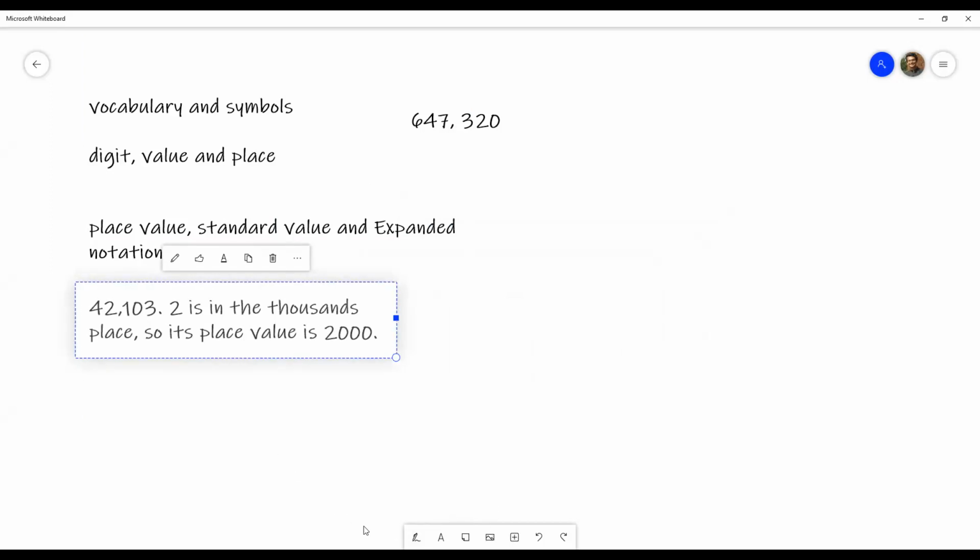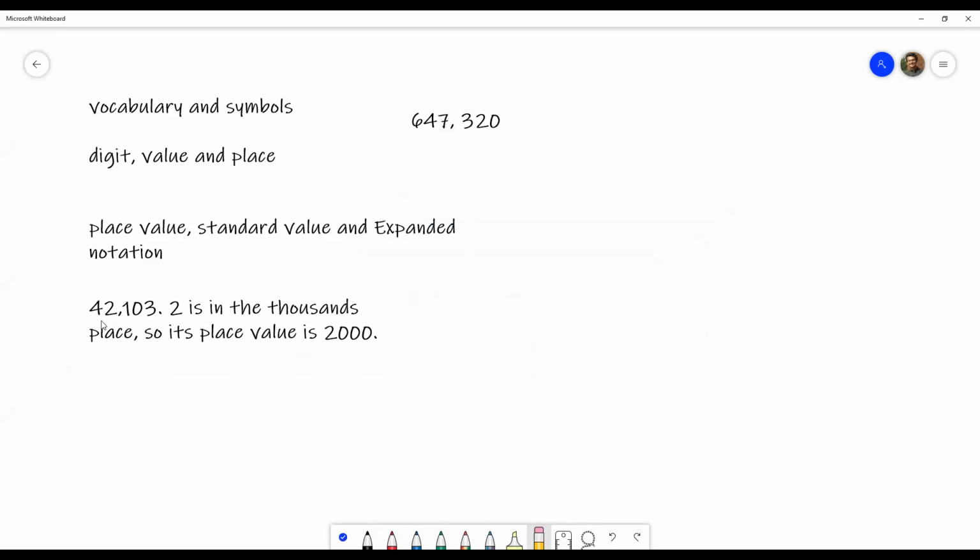Anyone would like to say what type of number it is? Can anyone tell me how this number is pronounced? 42,103. Yeah, correct.